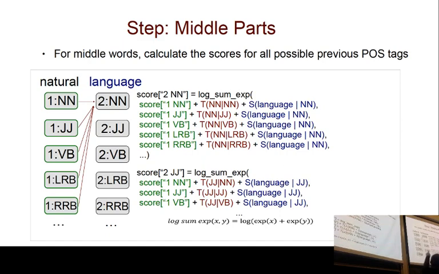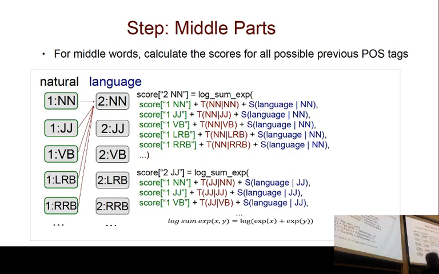Second path, we started from 1 JJ, so that's the probability that we were there, plus the transition probability to go to 2 noun, plus again the emission, right? So basically what we do is for every state, we enumerate all the paths that lead to it, okay?